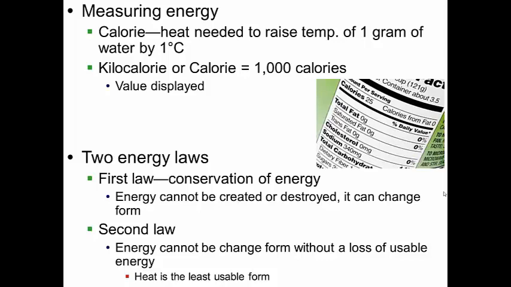The second law of thermodynamics states this, that during these energy transformations, you cannot undergo these transformations without losing some usable energy. And that goes back to what we talked about earlier. The basic idea in all of this, in other words, in our discussion in a biology class of energy, is that energy is transformed from one form to another, and eventually, as it goes through those transformations, it's lost as heat.